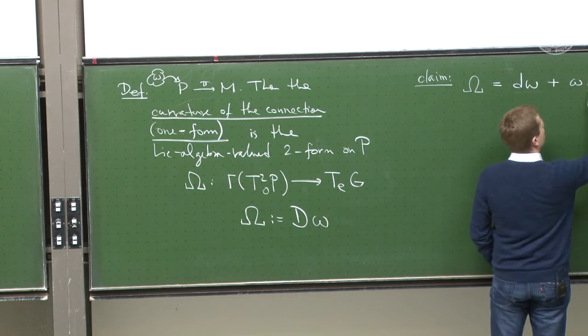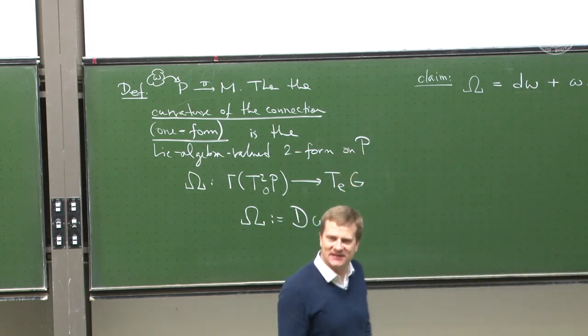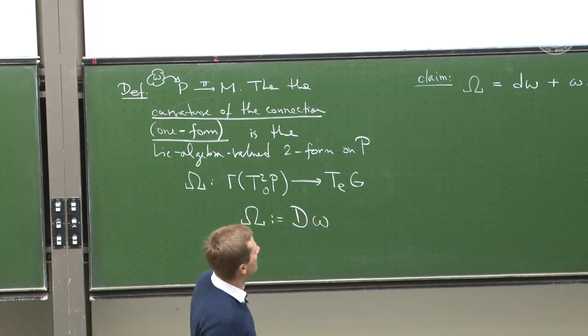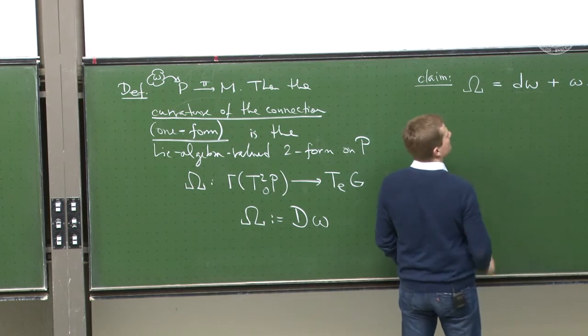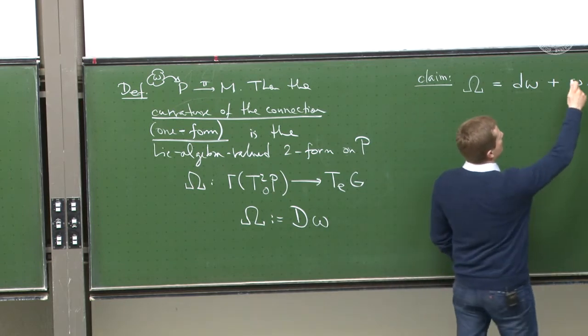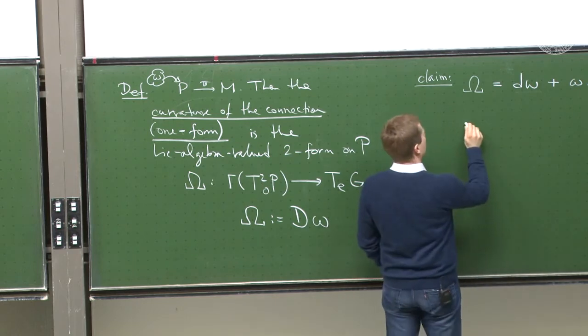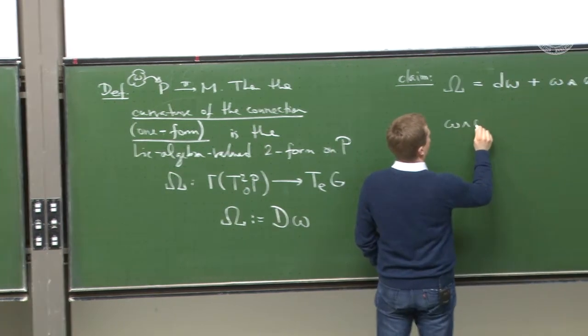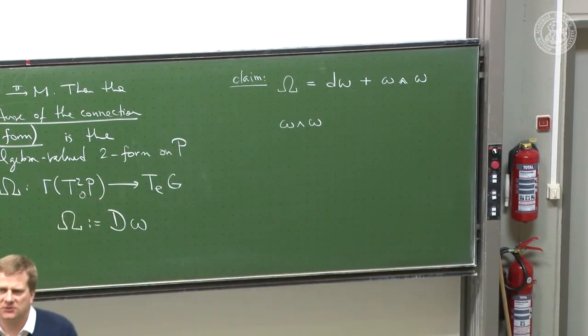One should probably write a double wedge here, and you'll see in a second why double wedge. Okay, so what do I mean by this double wedge? Well, I need to define this because you see this is Lie algebra valued and this is Lie algebra valued. And if you think of the definition of the wedge, and you have two one forms, then the wedge should actually yield 0. That's right, huh?